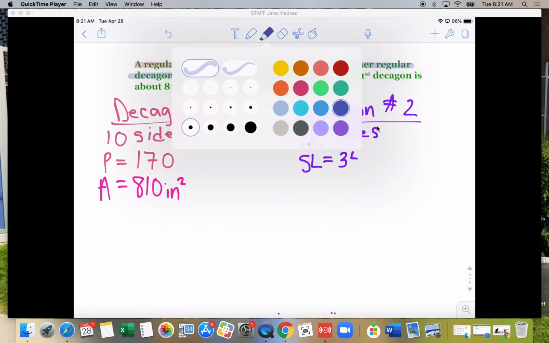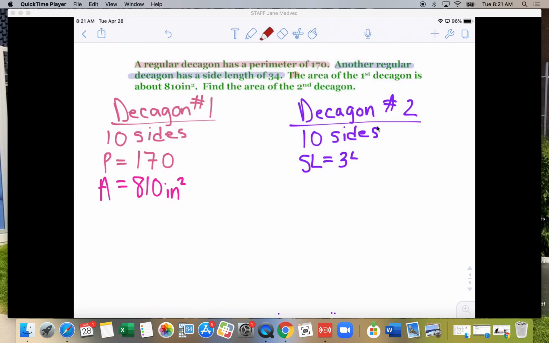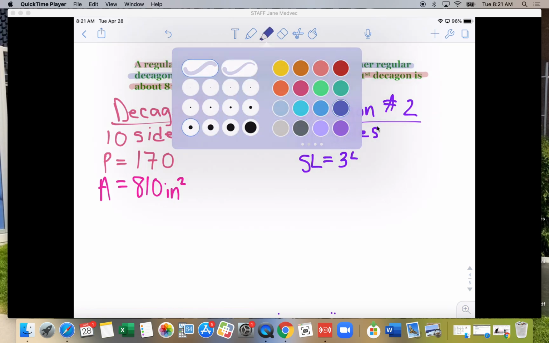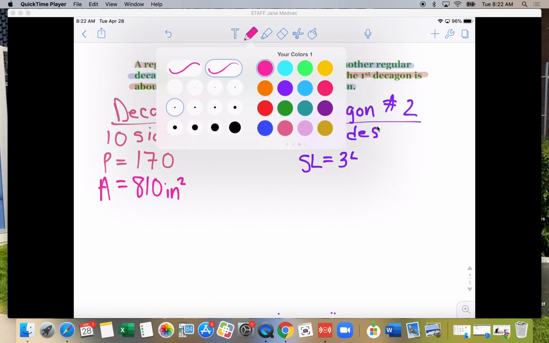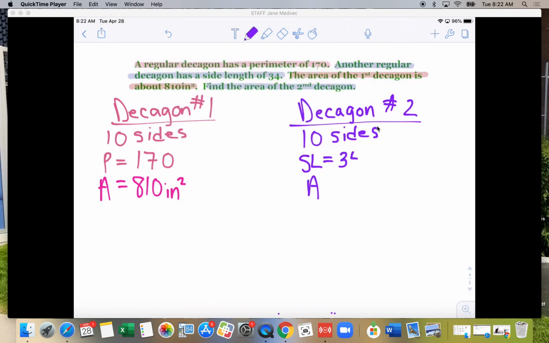And I can color code that again because this is the first decagon. And it asks us to find the area of the second decagon. So I'm going to change this, and area equals question mark. Okay, so I know that I need to find area, and they gave me the area of the first one.